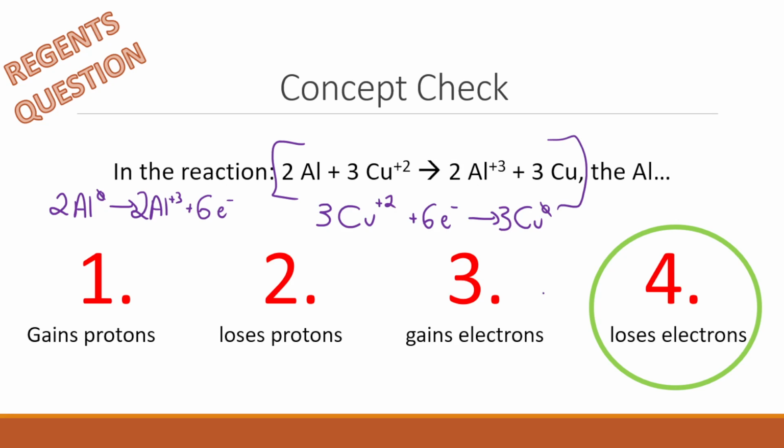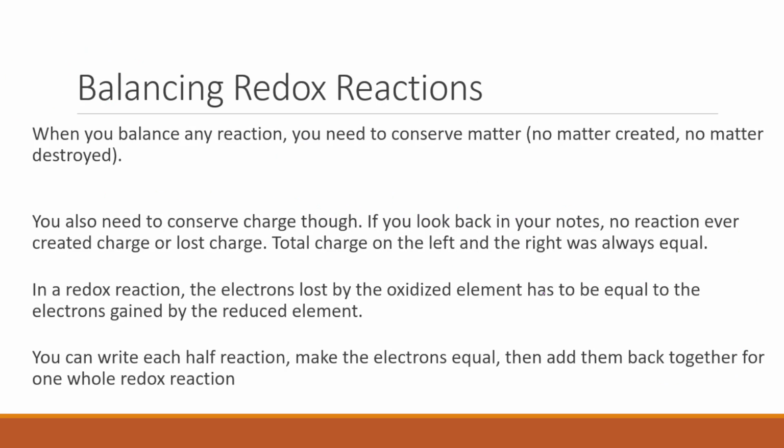Let's take some notes on that. We already know that in an equation you conserve matter, right? We talked about balancing equations. We know that if I have 1 aluminum on this side, I need 1 aluminum on the other side of the arrow.